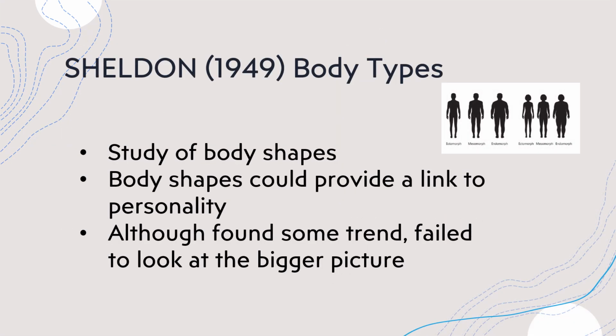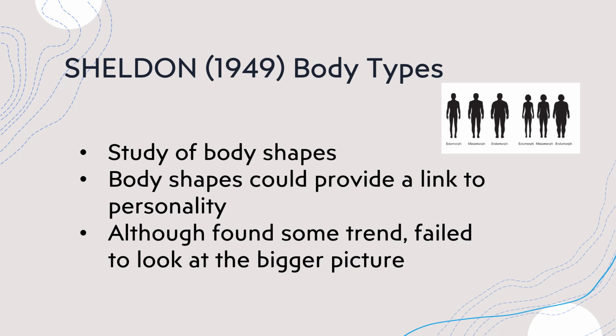If we just start way back in 1949 with William Sheldon, this was quite a deterministic look at how body shape can perhaps have an effect on whether you become criminal.